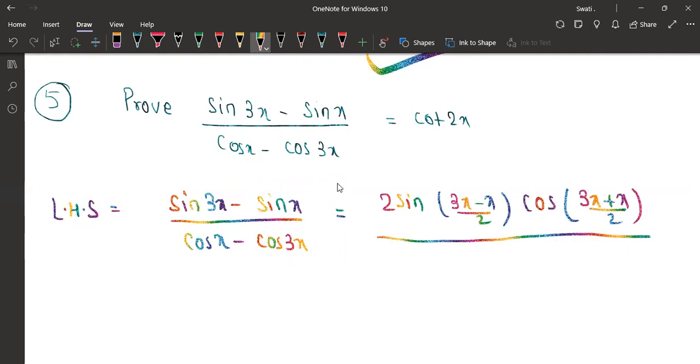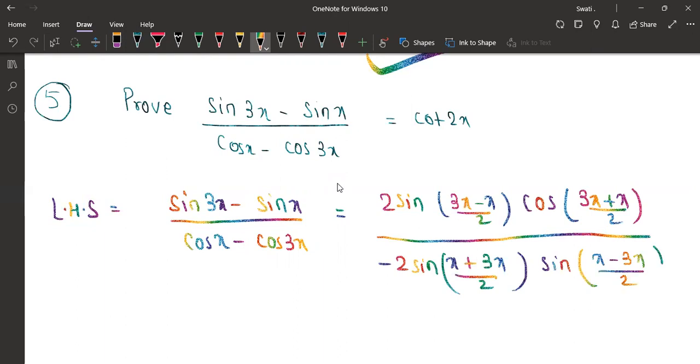So cos c minus cos d, the formula is minus 2 sine c plus d by 2, that is x plus 3x by 2. And then sine c minus d by 2, that is x minus 3x by 2. Right? All right. So now we can write down this as 2 sine 3x minus x is 2x.